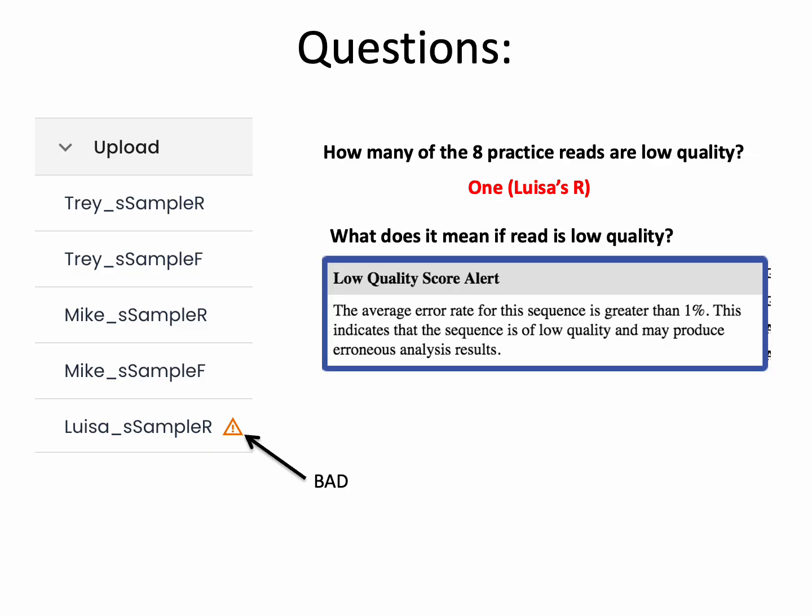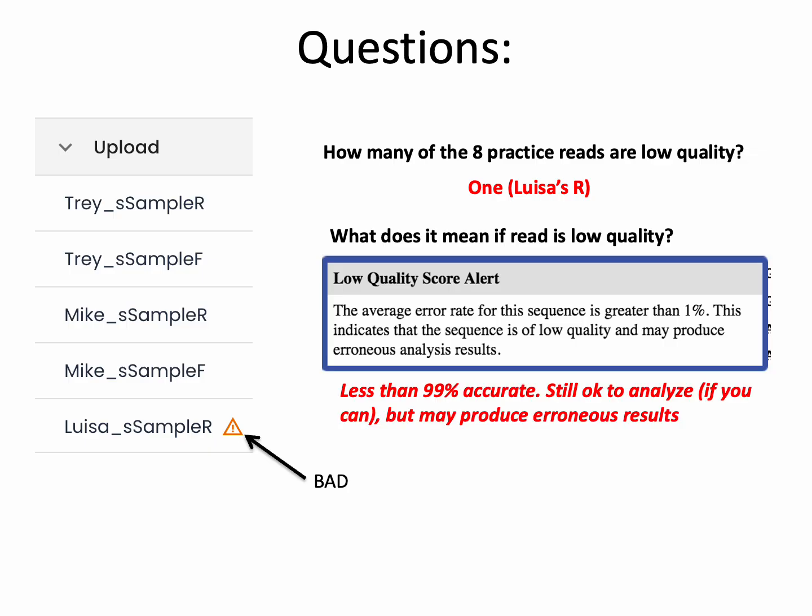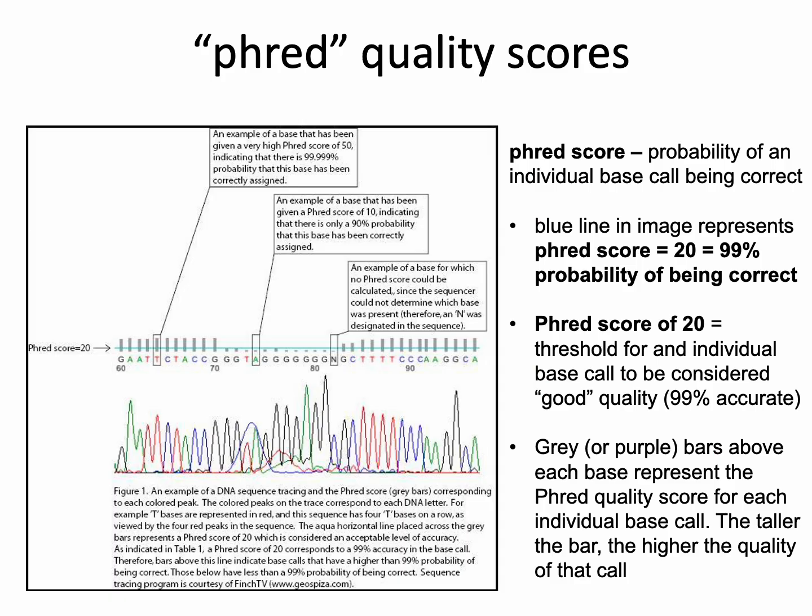This indicates that the sequence is of low quality and may produce erroneous analysis results. So in other words, the sequence is less than 99% accurate. Technically, it's still okay to analyze these sequences further downstream if the software enables you to, but just take those interpretations and analyses with a grain of salt because they are likely producing erroneous results.